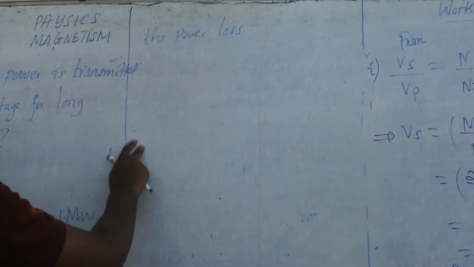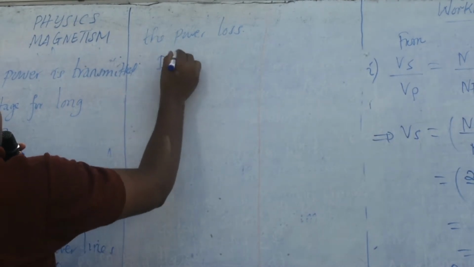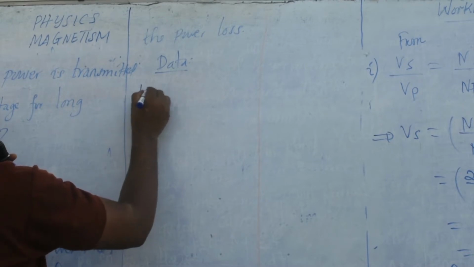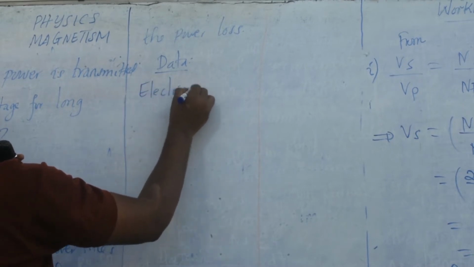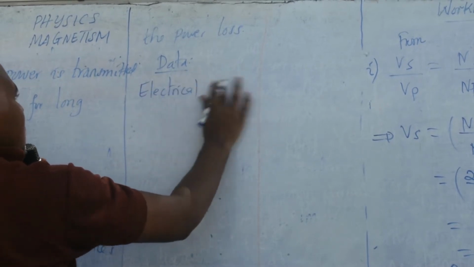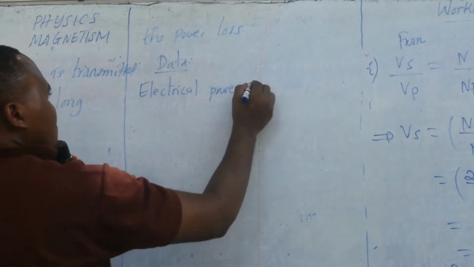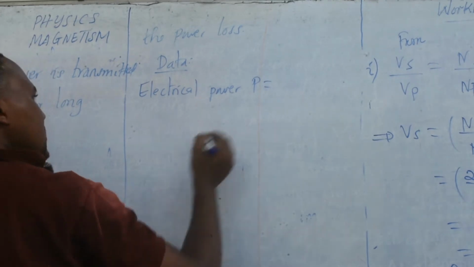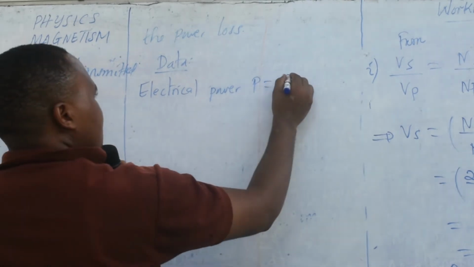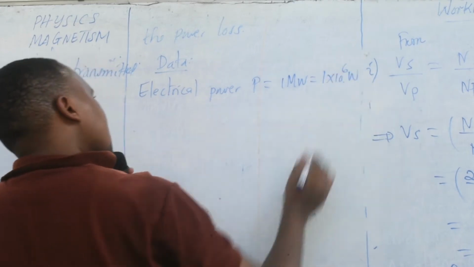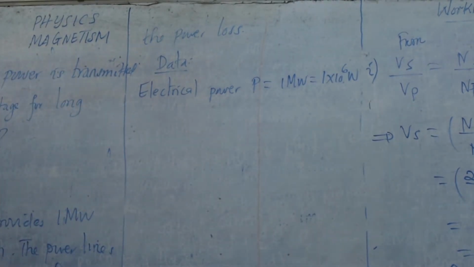So here we say that the data given: electrical power produced is 1 megawatt, which is 1 times 10 to the 6 watts, joules per second.